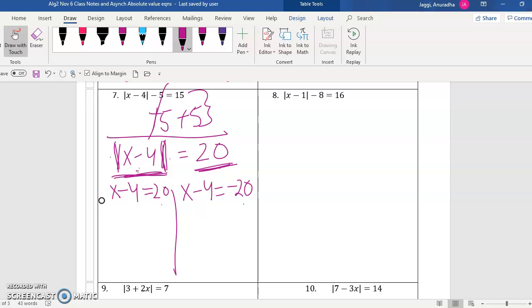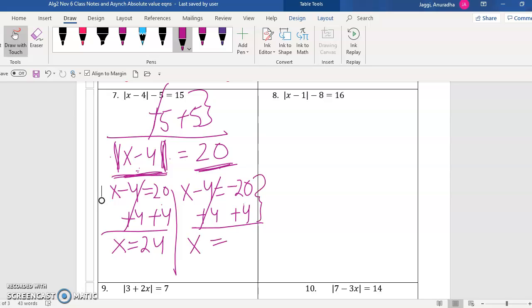Now you solve both these equations by inverse operations. Add 4 to both sides here, and here also add 4 to both sides. Negative 4 plus 4 becomes 0, x is equal to 24, and here again negative 4 plus 4 becomes 0, x is equal to negative 20 plus 4, which is negative 16.